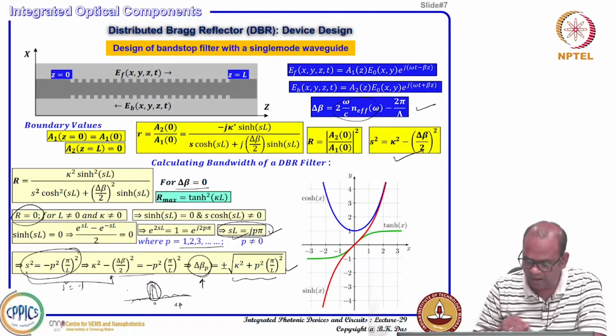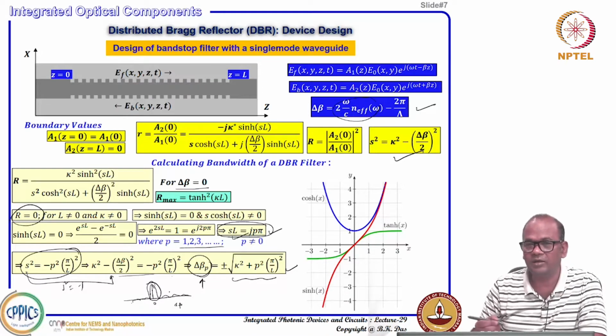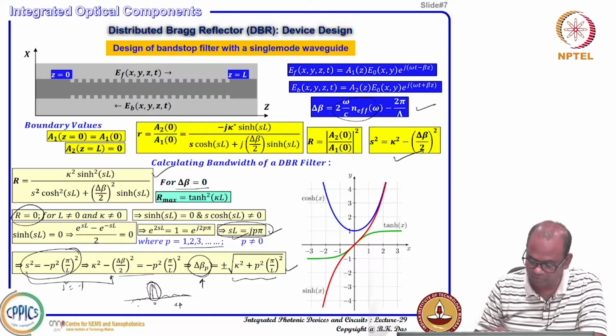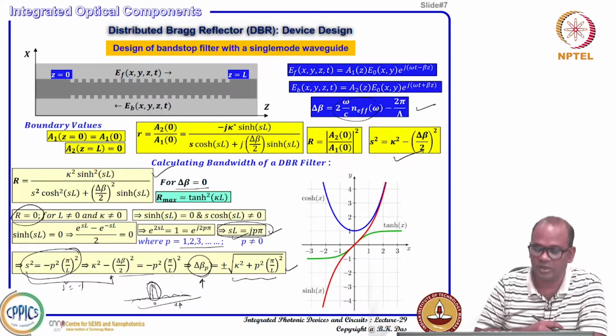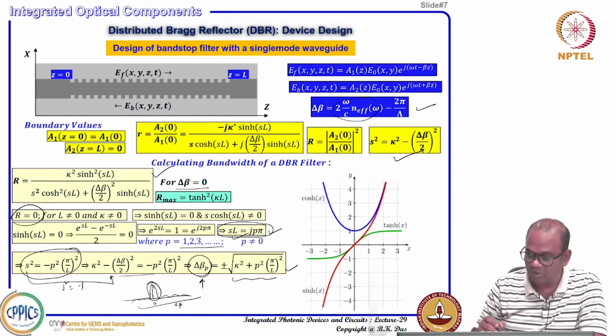There is a main band and then on both sides you can have periodic maxima and minima, and those maxima will slowly be in reducing order. If you just plot this one as a function of delta beta, you will get this type of characteristics. I will show that. Okay. So, for delta beta not equal to 0, reflectivity can become 0 for other values periodically, and that depends on this equation.